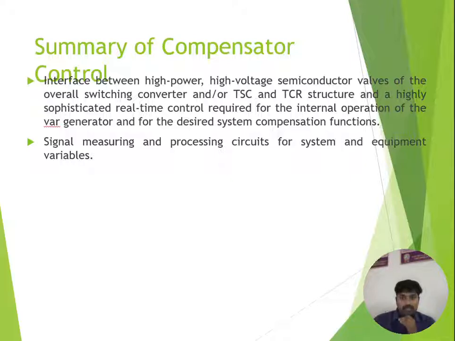There is an interface between the high power and high voltage semiconductor valves of the overall switch converter or TSC and TCR structure, and a highly sophisticated real-time control is required for the internal operation of the VAR generator and for the desired system compensation functions, signal measuring and processing circuits for the system and equipment variables. So these are the shunt compensators. So I will finish this module.